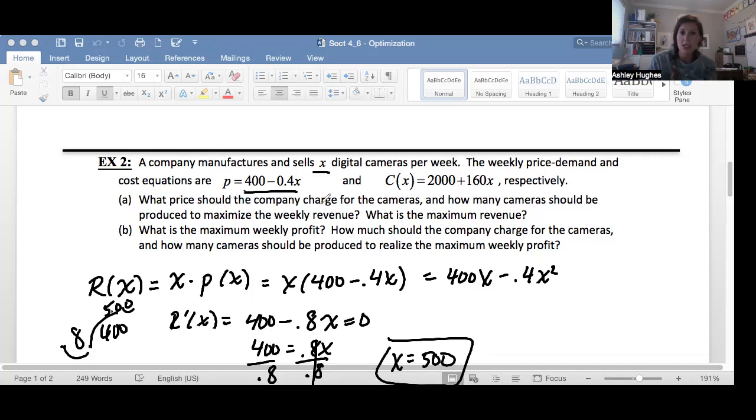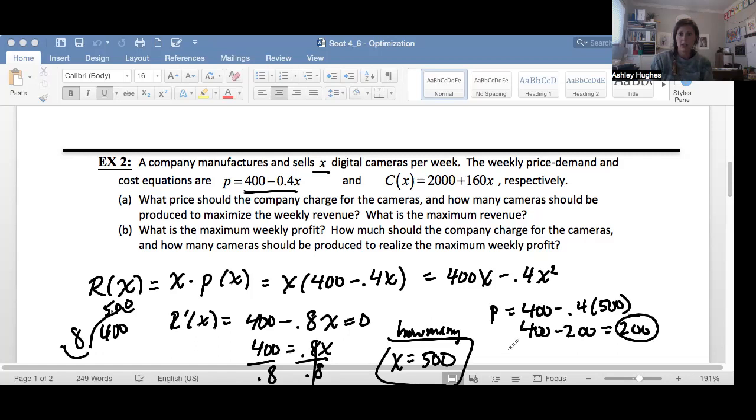What price should the company charge for the cameras? So how many cameras? This is how many. The price would be 400 minus 0.4 times 500. So 200.